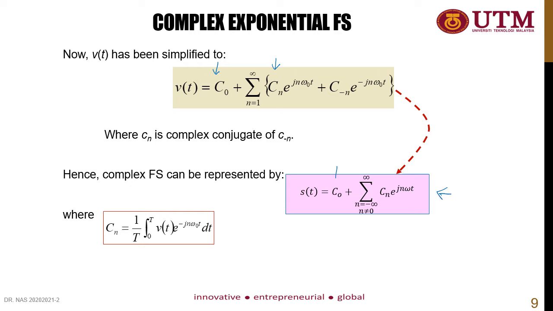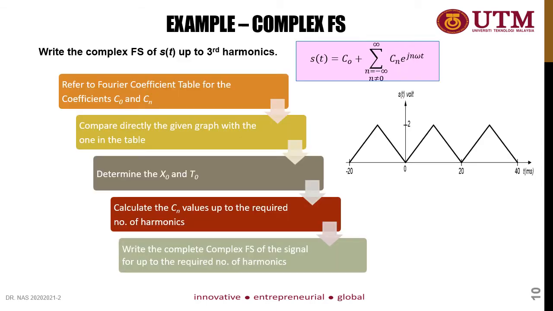C0 is the constant or DC value, and Cn is the coefficient of your Fourier series. Okay, so this is the step to derive or write down the complex exponential Fourier series for the given signal.